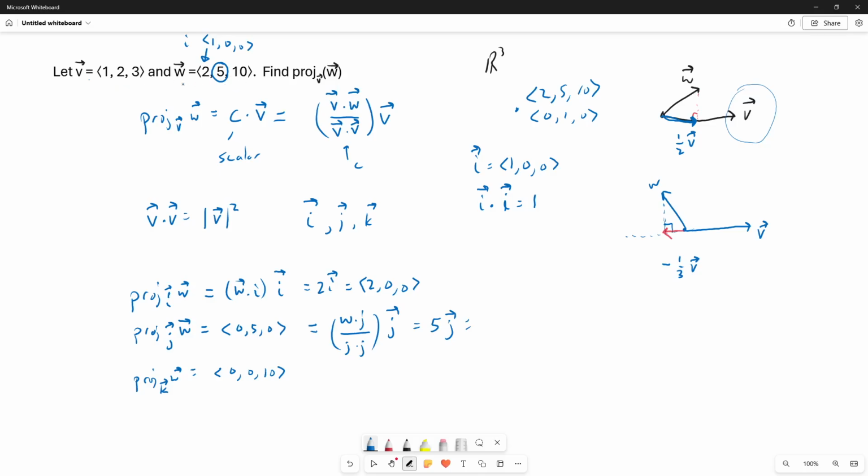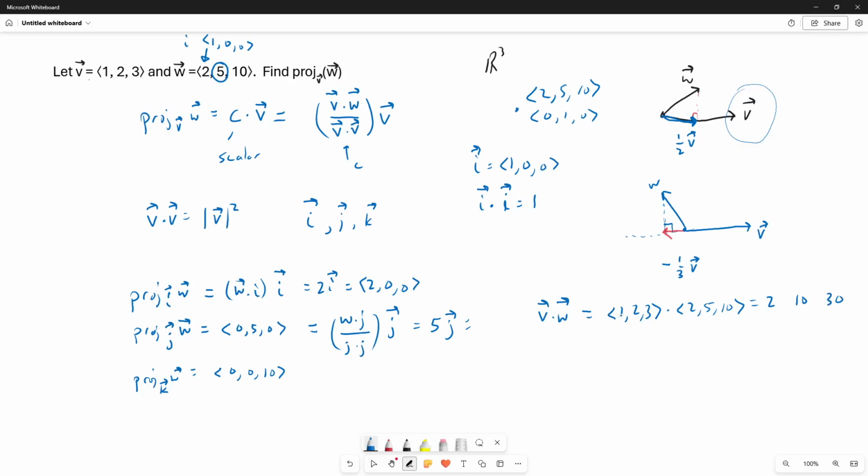Okay, so now that we have an understanding of projection, let's calculate this kind of random projection. In order to do that, we need to know v dot w and we need to know v dot v. So v dot w is equal to 1, 2, 3 dotted with 2, 5, 10. And this is 1 times 2 is 2, 2 times 5 is 10, and 3 times 10 is 30.